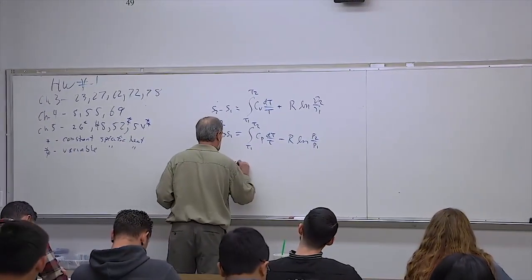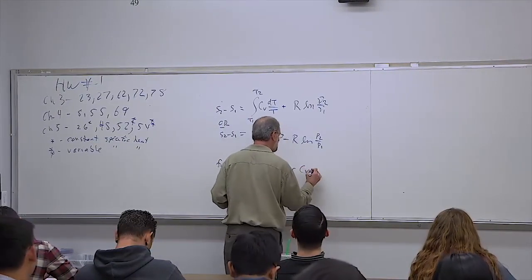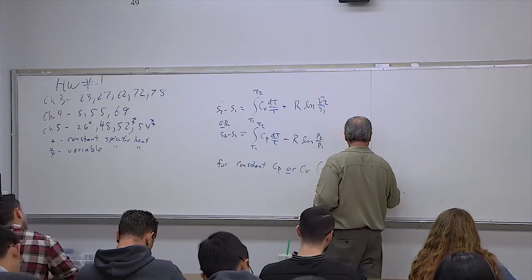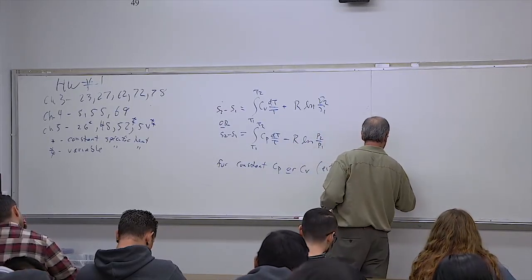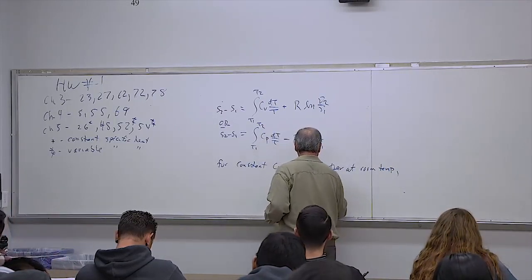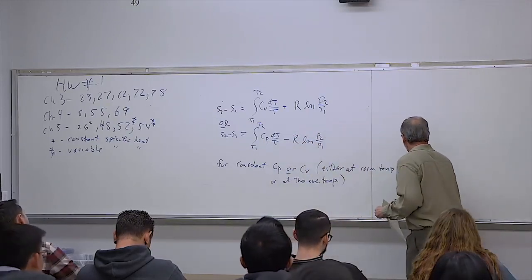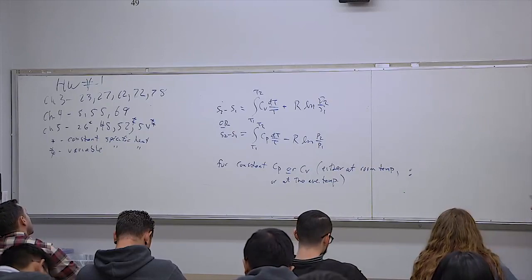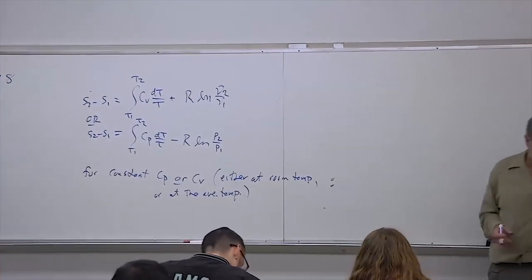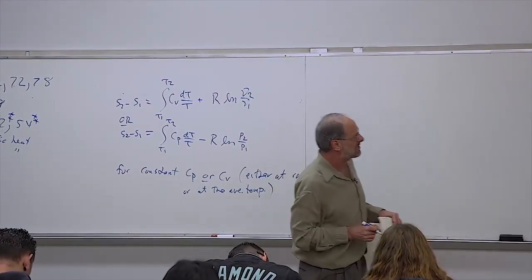For constant Cp or Cv, and this could be either at room temperature or at the average temperature of the problem. But nonetheless, if we assume that Cp or Cv are constant, then it makes the integration essentially trivial, right?